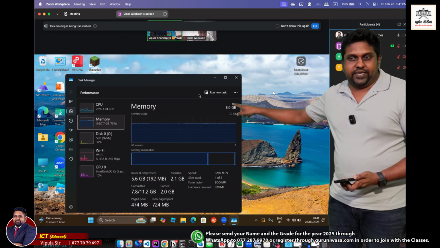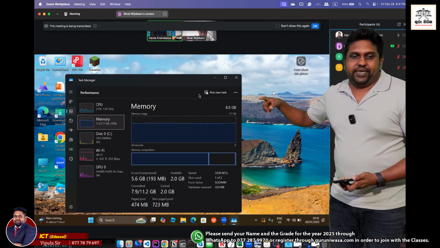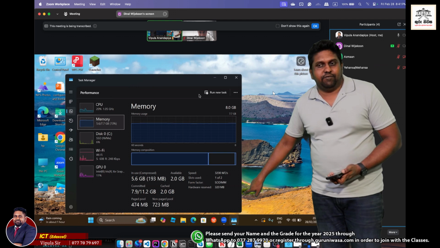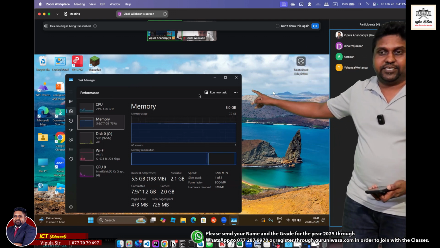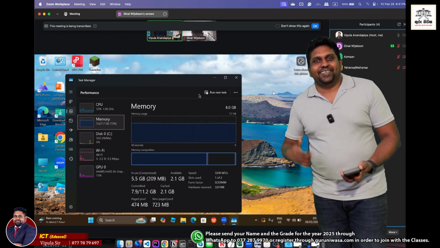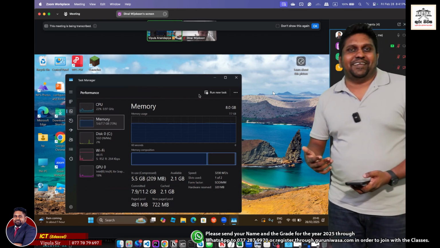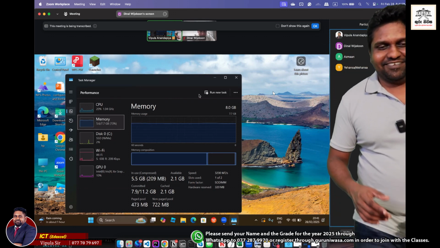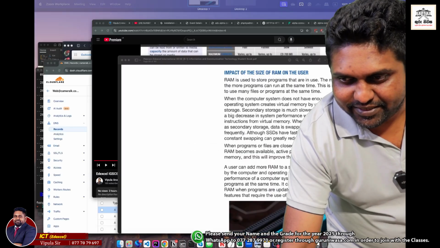Here you can see the number of gigabytes available, and he's using one RAM stick of 8 GB, and we have another slot, so you can add another RAM stick. Using that you can expand your memory. Thank you, Dina. Thank you, Shiv. Thanks for sharing.